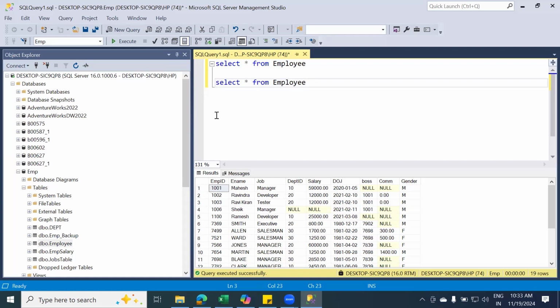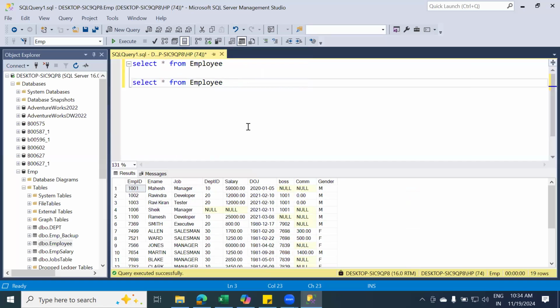What do we call this? This is what we meant by SSMS, Microsoft SQL Server Management Studio. Using this, we are going to write our queries. Again, please don't hesitate to ask questions if you have any.